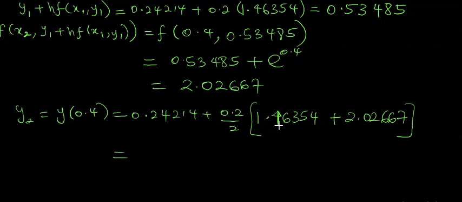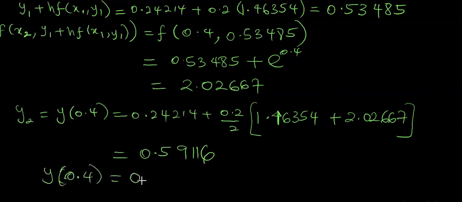Calculating all of this together using your calculator, just like I have done, gives me 0.59116. So therefore our y of 0.4 is 0.59116.